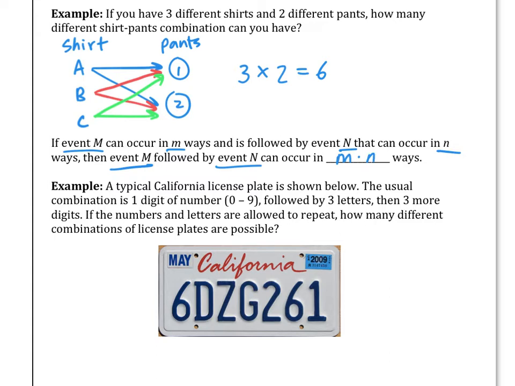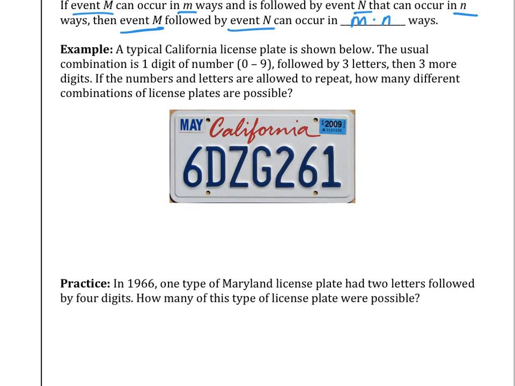So you multiply the number of ways the first one can happen and the number of ways the second thing can happen. So let's look at another example.